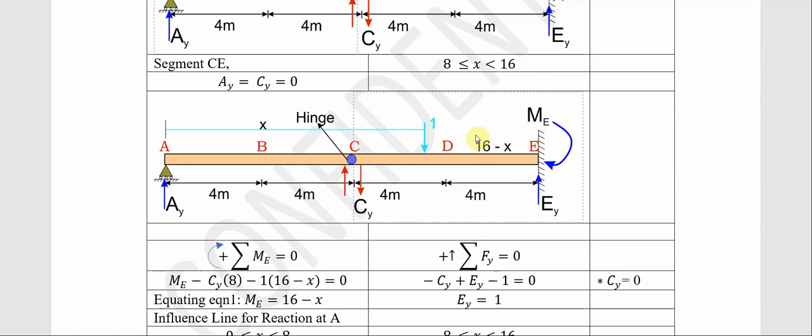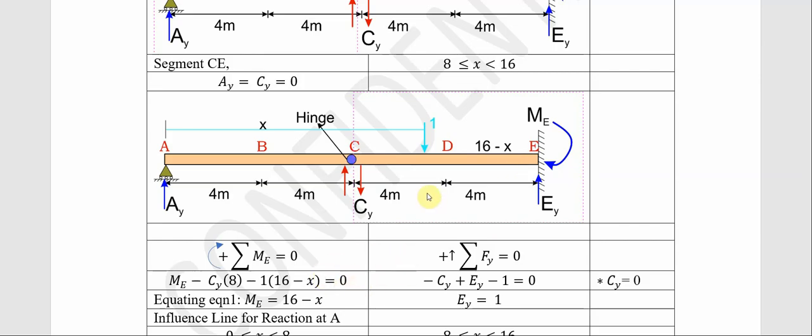Whatever the S is, the distance traveled is going to be 16 minus X. Even if this one is 8, it will be 16 minus 8. If this is 10, it will be 16 minus 10. So with regards to S, we are saying 1 times 16 minus S equals to 0.